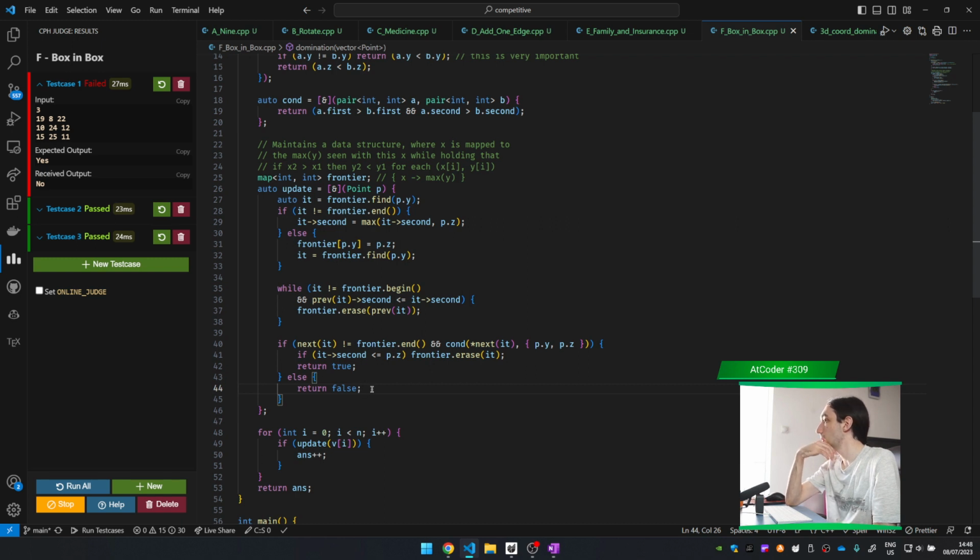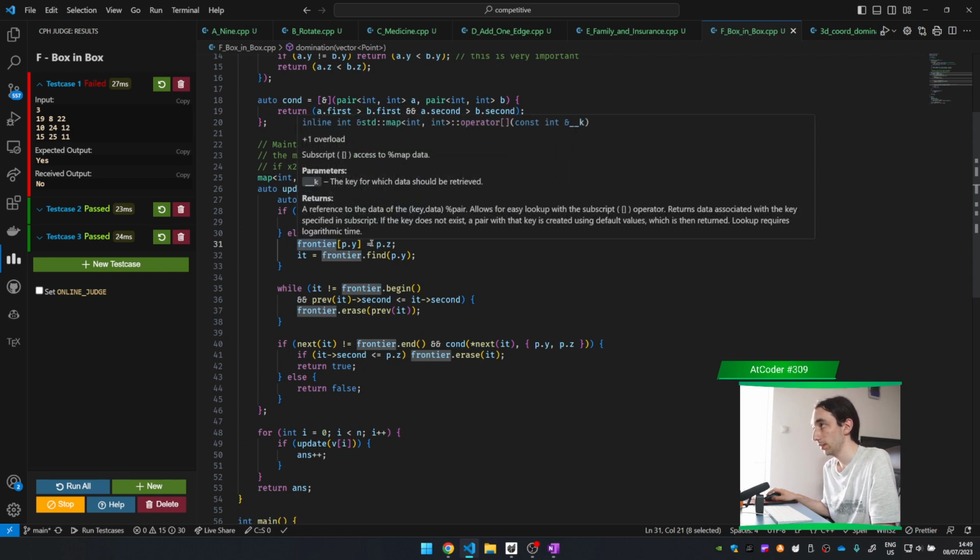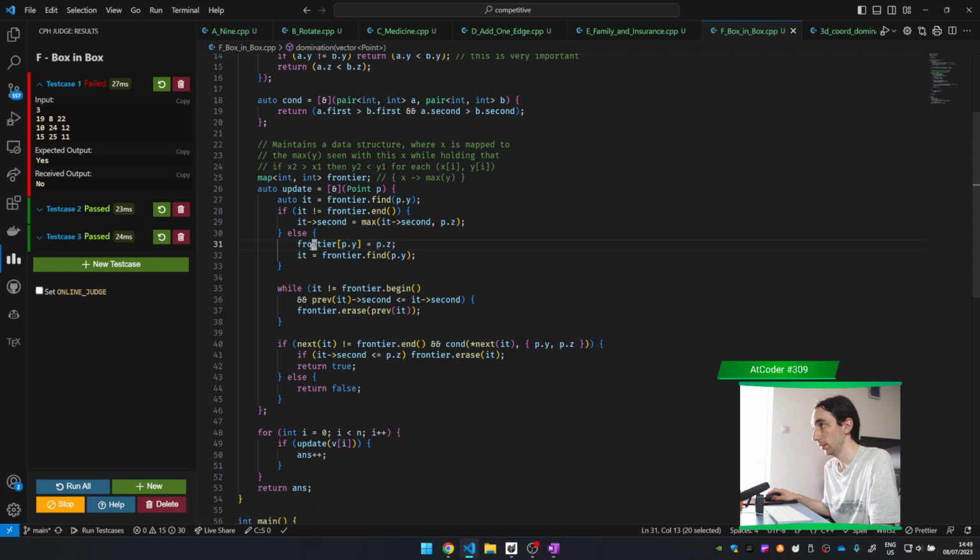But now the trick here is that, okay, I will add this point, but I can... it's a little bit complicated, but let me see. So the frontier here is added in the frontier here.